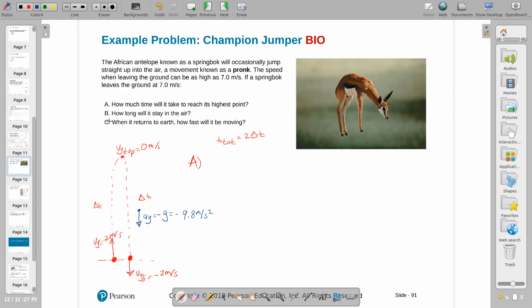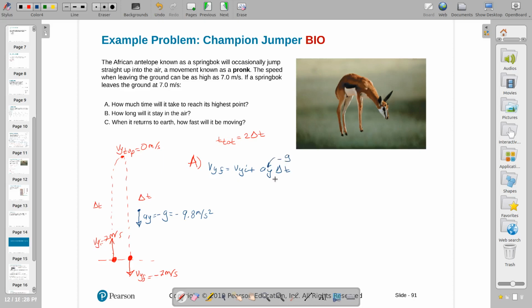So A, how much time will it take, can be found using this equation: Vy final is equal to Vy initial plus Ay delta t. This is for any accelerating motion along y. For free fall, I'm going to replace my Ay by minus g.